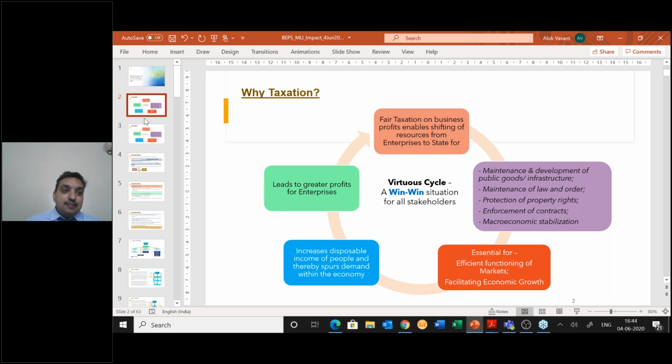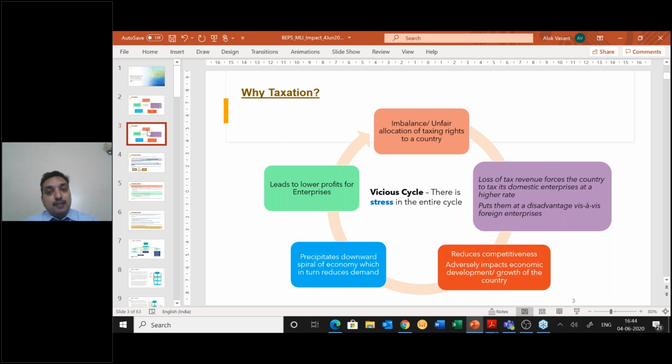Now, imagine a situation where this doesn't happen. What happens? There is an imbalance or unfair allocation of taxing rights to a country. So a multinational arranges its affairs in a manner that all the profits get taxed in a low or no tax jurisdiction, while the economic activity happens in some other jurisdiction. And because it has arranged its affairs in that particular manner, the country where the economic activity happens doesn't get its fair share of tax revenue.